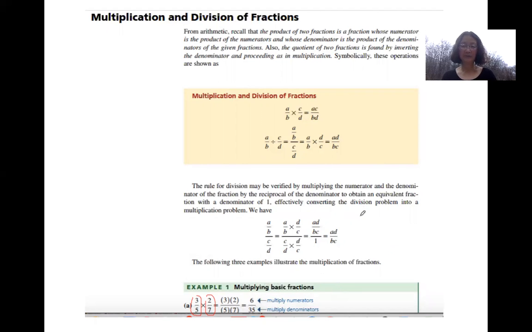And the same question if you have 3 over 5 divided by 2 over 7. Remember, this is division, so you keep the first fraction, flip the second fraction, change division to multiplication, and then numerator times numerator, denominator times denominator.